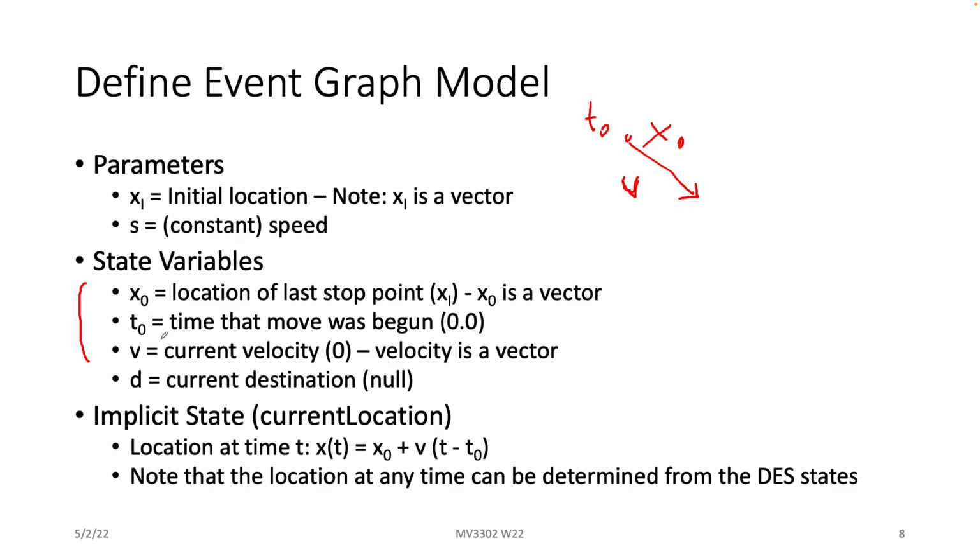We better hope so, because I've defined them to be discrete event states. If I begin at a particular location and a particular time at a constant velocity, then until I reach my destination, those quantities do not change. And so those three quantities are discrete event states.